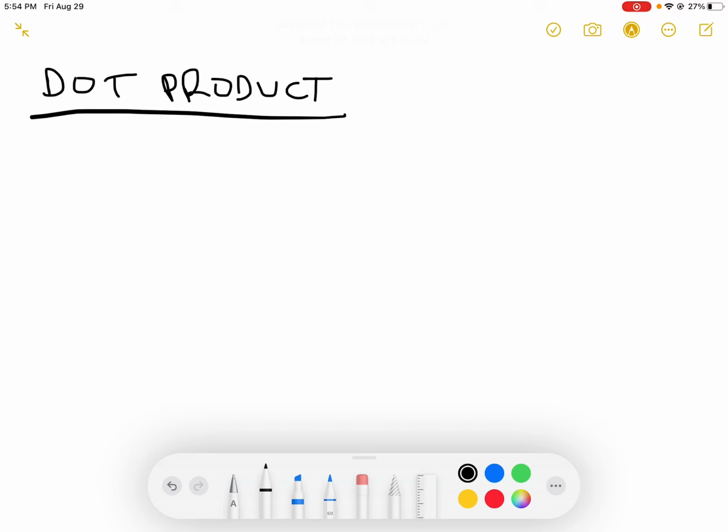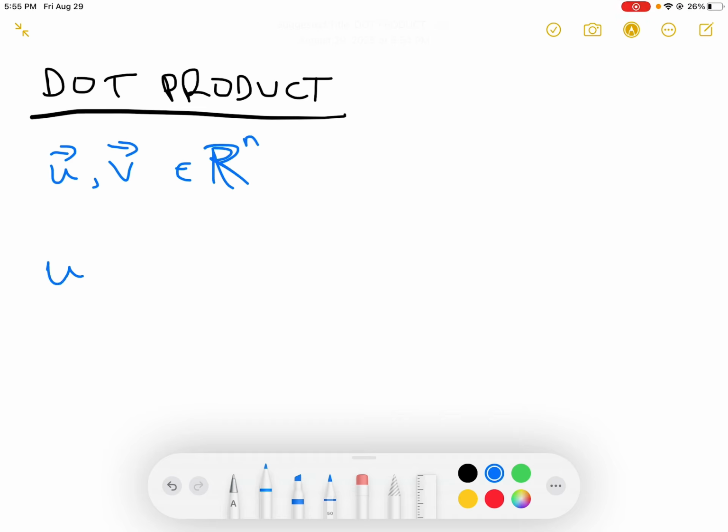Now, for the dot product, there's a lot of different ways to go about explaining how it works, but I am just going to cut to the chase and tell you how it works. Let's say that we have a vector u and a vector v that exist in the same dimension.